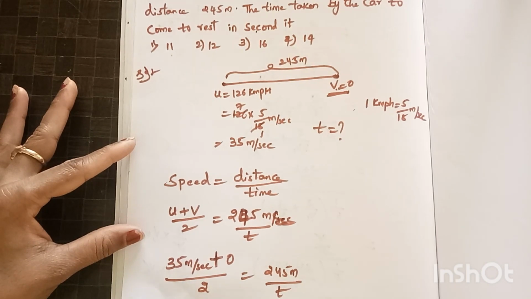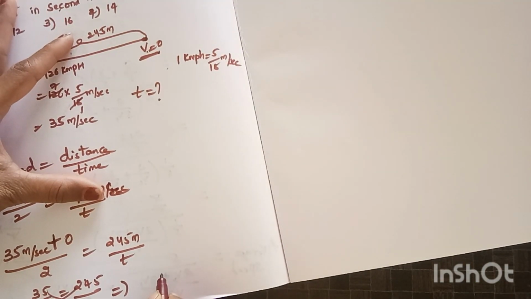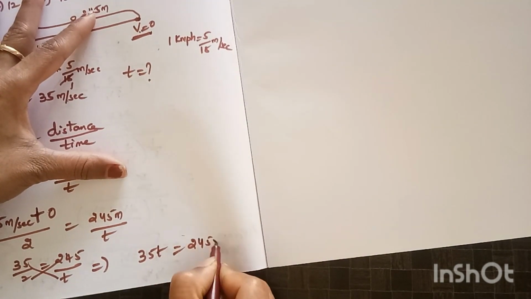Take the cross multiplication. So what will you get here? 35t is equal to 245 into 2.